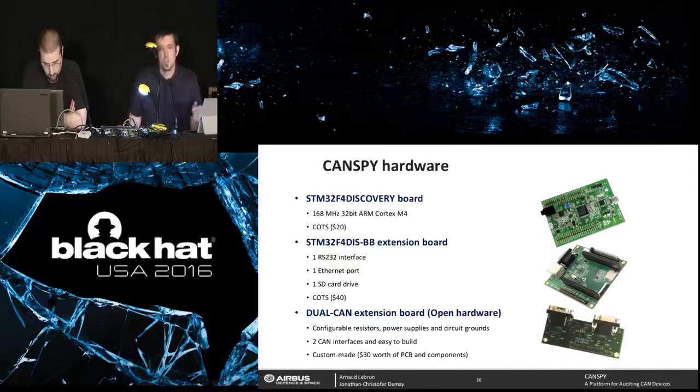You have plenty of jumpers to set up the shield in several modes, whether you are on the car, or on the test bench, etc. You can also select your supply from 12 volts from the car, from a USB, etc. And again, it's cheap. Less than $30, I think, for the PCB and the components, and it can really be soldered by anyone with a soldering machine. I suck at soldering personally, and I can solder this one. So that would be good.